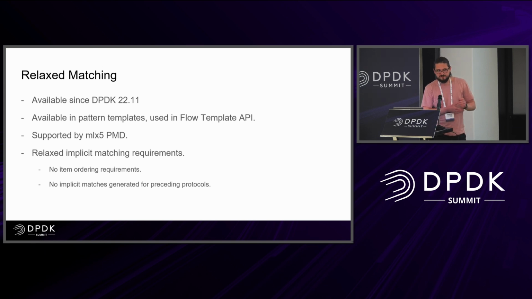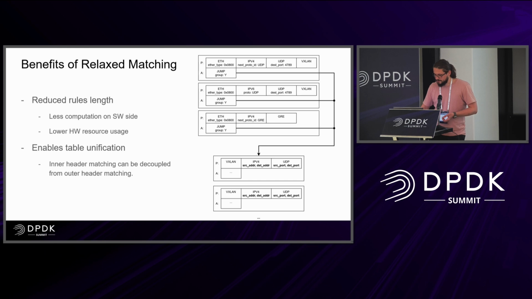As I described previously, when I put an IPv4 item after ETH, there is an assumed match on ether type. With relaxed matching, there is no such thing. This allows the splitting into stages. So for example, now in a very small set of rules, I can match that I want VXLAN with IPv4 UDP protocols on the outer headers, or with IPv6, or even totally unrelated tunneling protocols such as GRE.